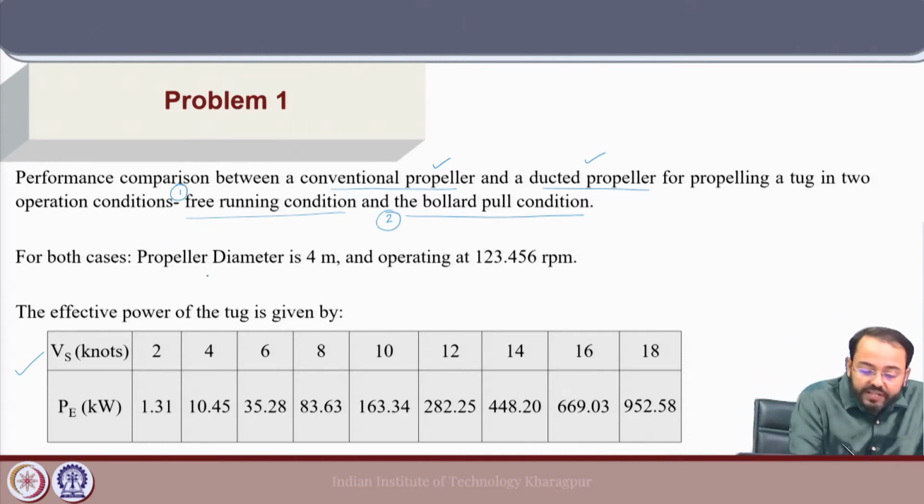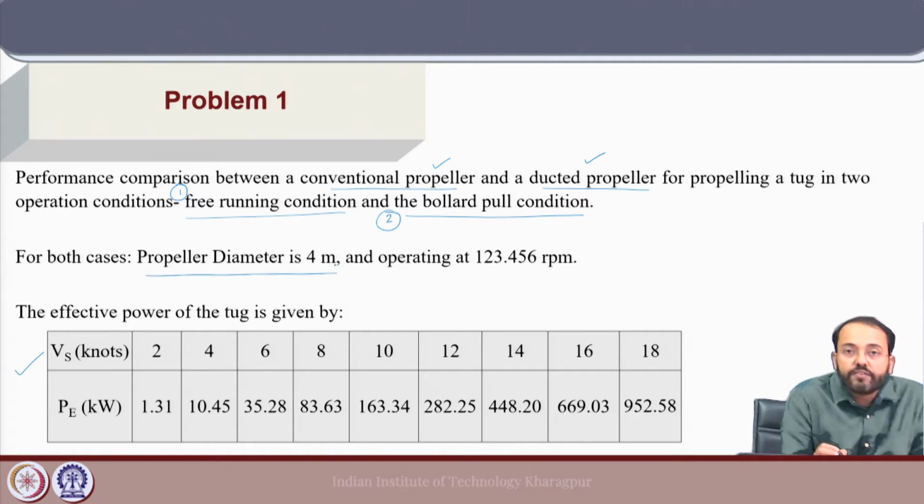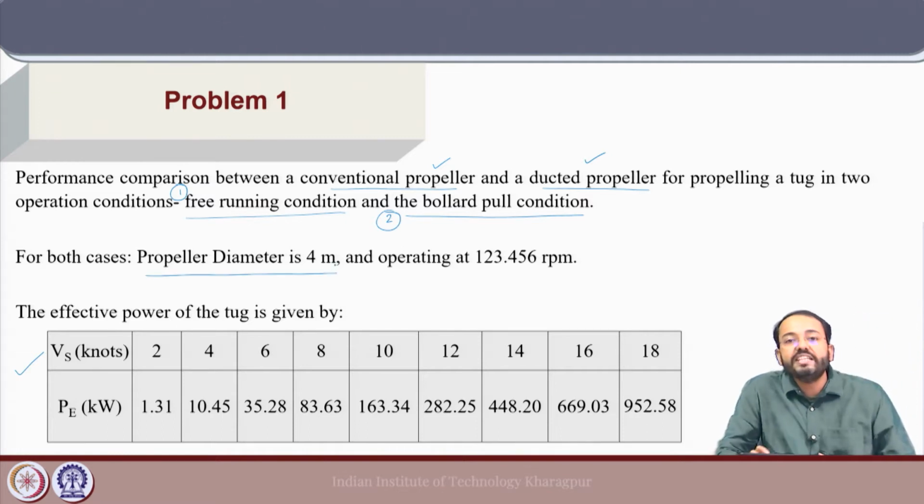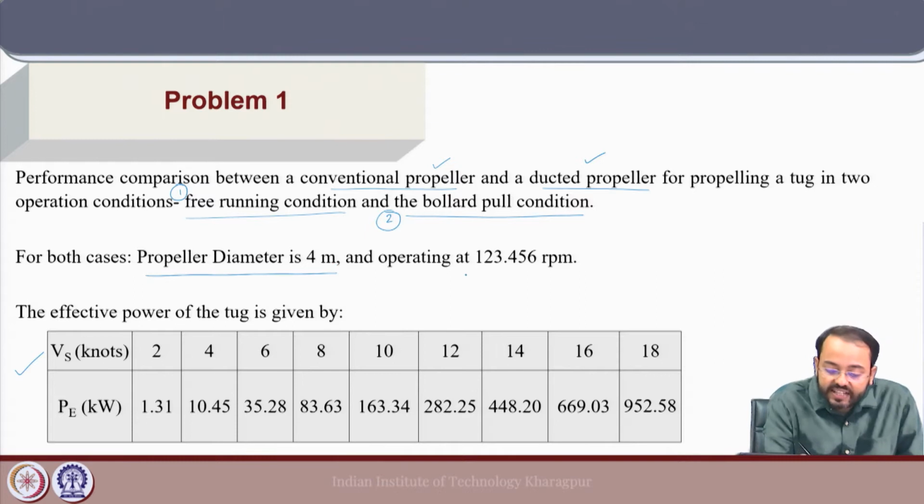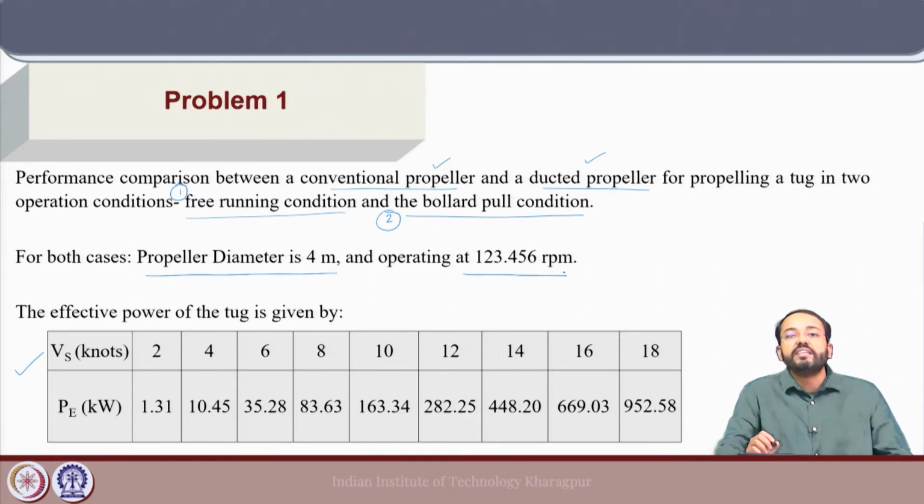Now, the propeller diameter is 4 meter for each of these cases and the RPM is given as 123.456 for both the cases.